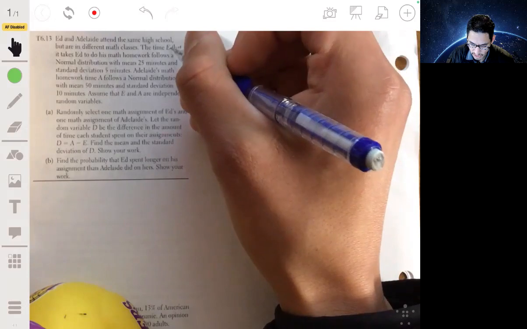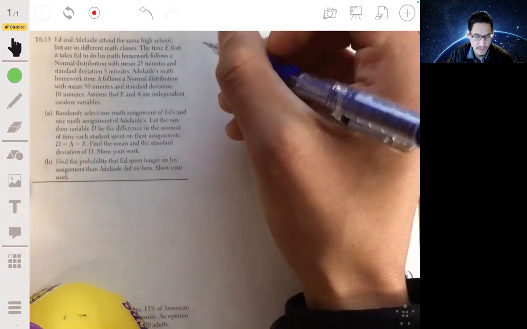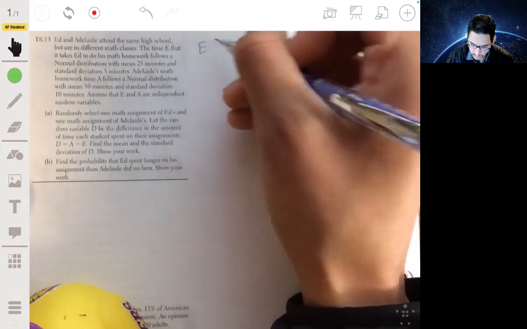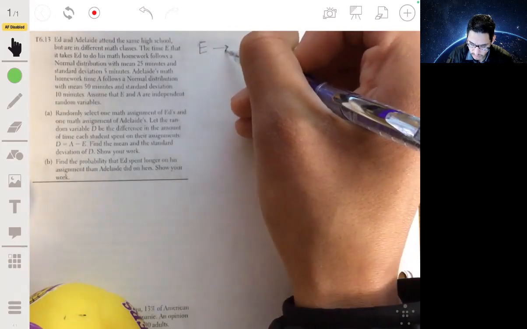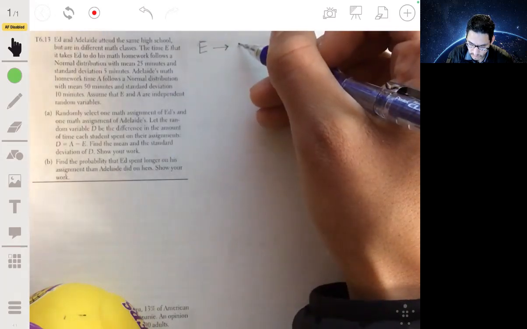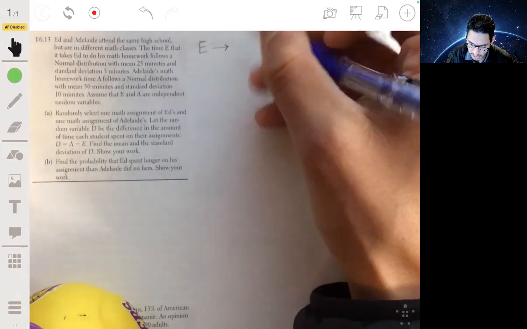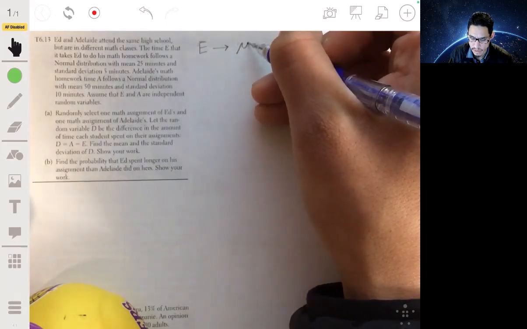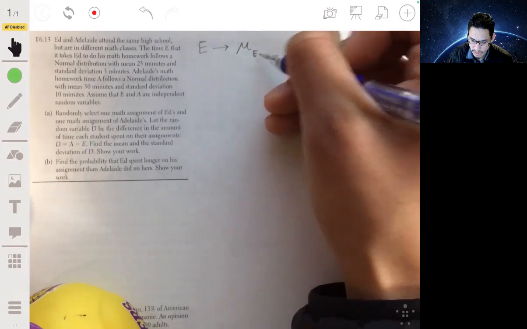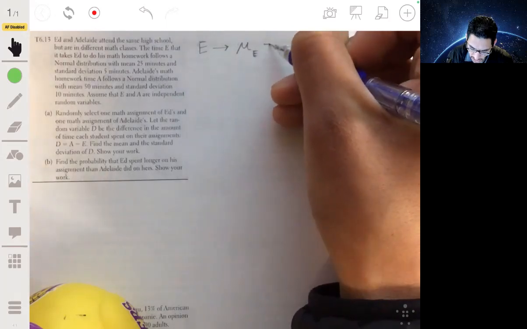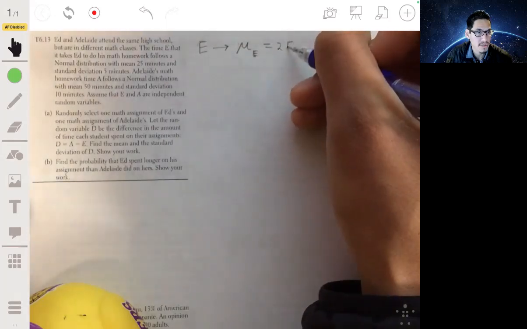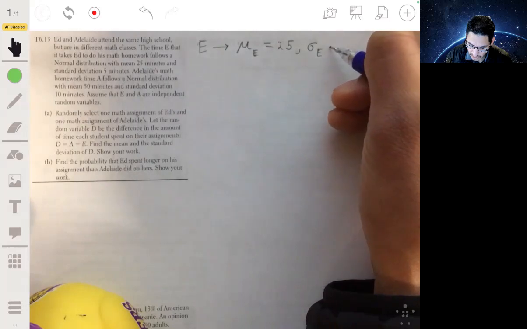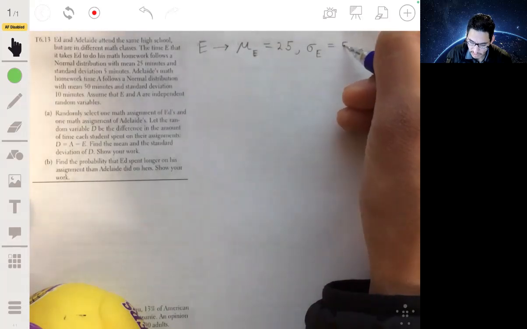So let's look first at Ed's distribution. Ed's distribution is normal, with the mean, we'll just put mu sub E for Ed. The mean of Ed's homework distribution is 25 minutes, and the standard deviation, sigma sub E, will be 5.